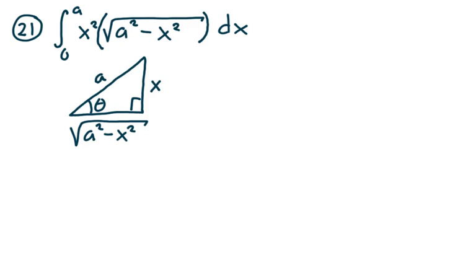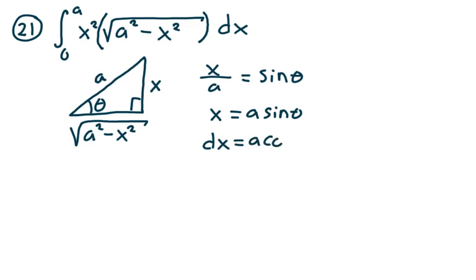Now, notice, if I take the side opposite angle theta and divide by a, I get sine theta. The triangle dictates my substitution the whole time. Multiply both sides by a, and we get x equals a sine theta. dx is a cosine theta d theta.